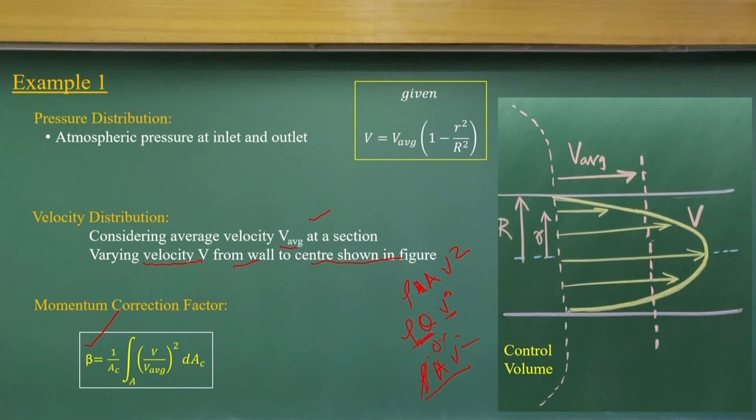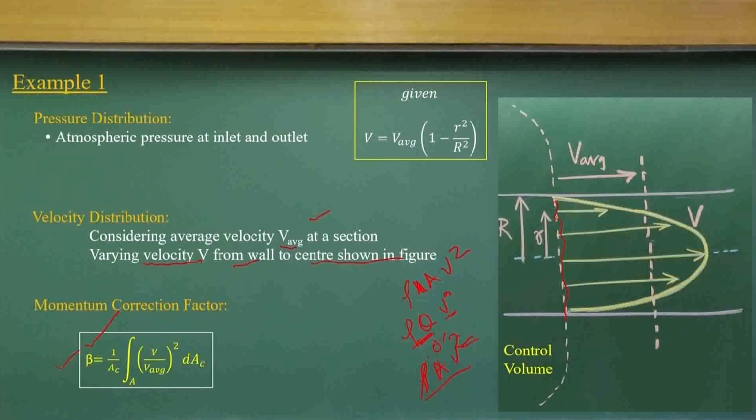Please remember this very simple concept: the momentum flux is rho Q V, and if I substitute Q equal to A V, then it is rho A V squared. So I compute this momentum flux in terms of rho V squared across the control surface, divided by the average conditions, to compute the beta factor.